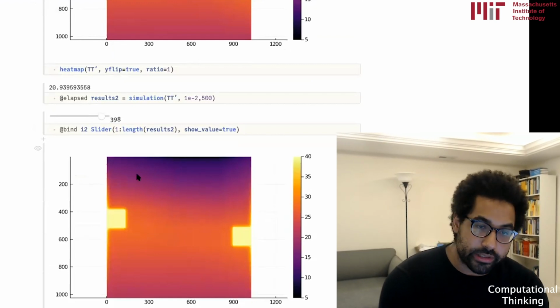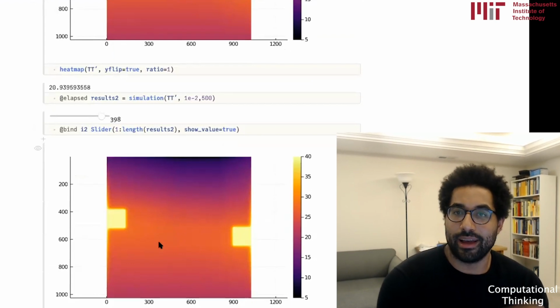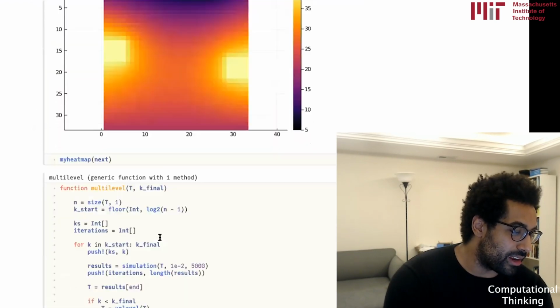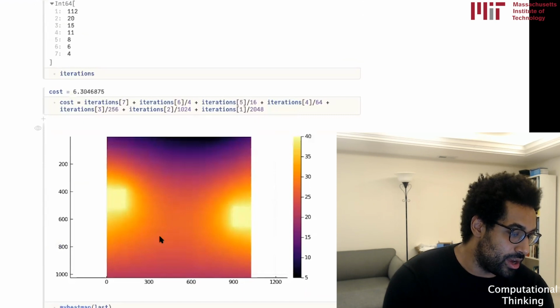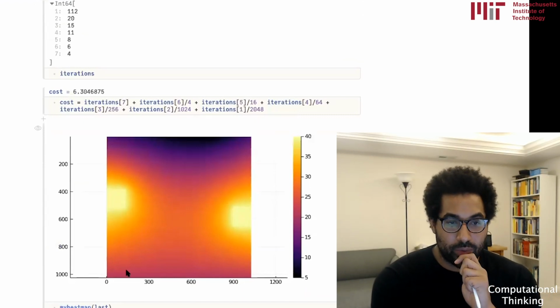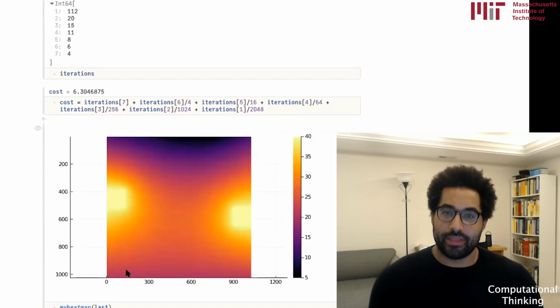So 400 iterations tell us nothing about the right continuous solution, versus the equivalent of 7 iterations giving us almost the exact solution at very high resolution. This is the power of thinking hierarchically.